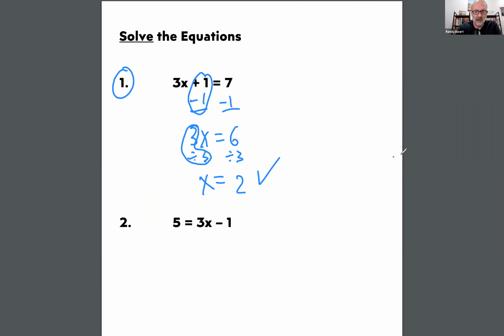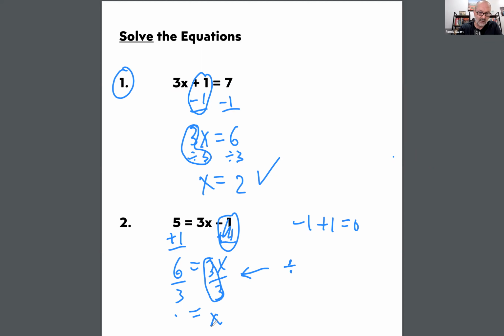And then I'm going to divide both sides by 3. By the way, that fraction bar also means division. I'm going to start using that from now on. And 3 divided by 3 is 1. 1 times x is x. And 6 divided by 3 is 2. And there you go.